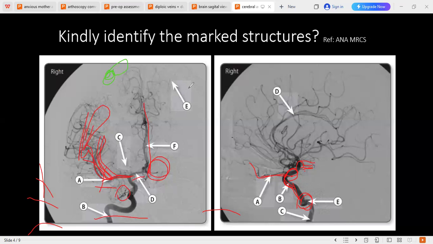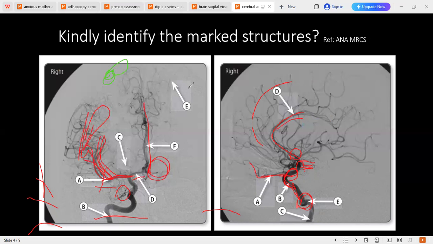So here we can see this is ACA. It is going above the corpus callosum, becoming the pericallosal. And here, in some angiograms, we can also see an artery above it, which is callosomarginal. So this is pericallosal, just above the callosum.